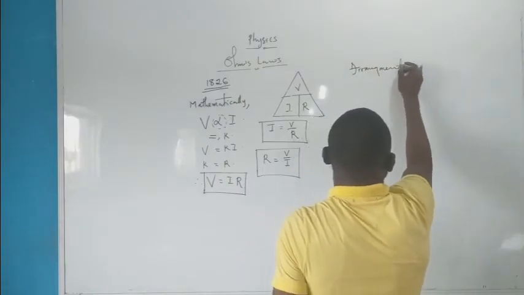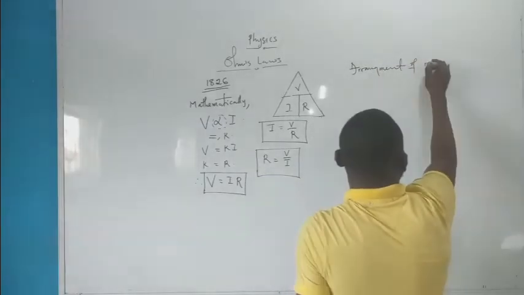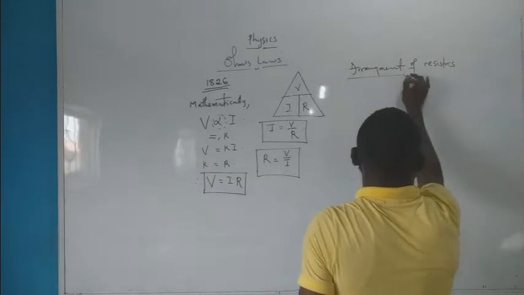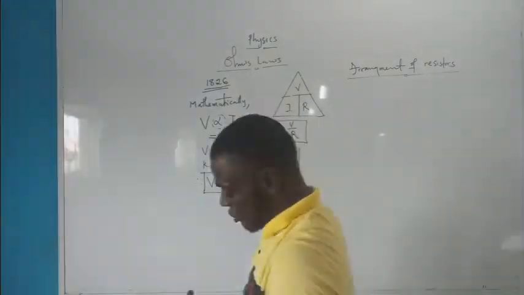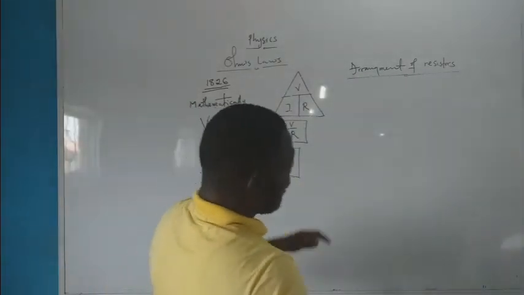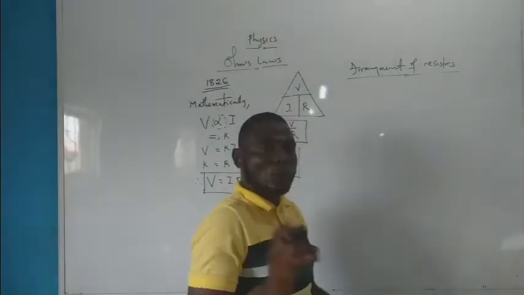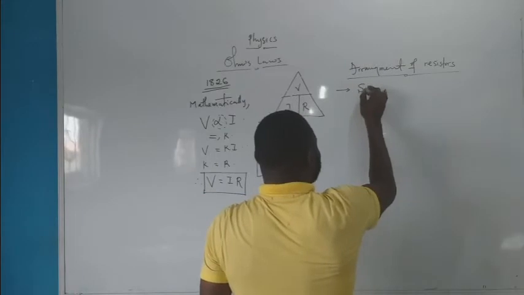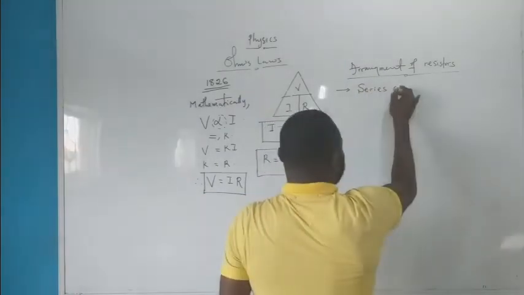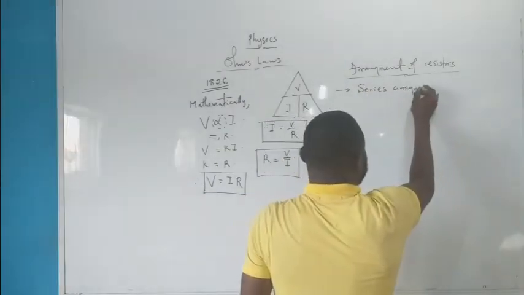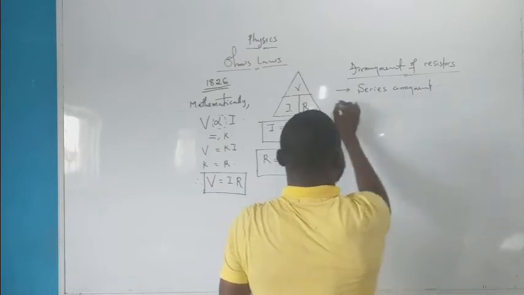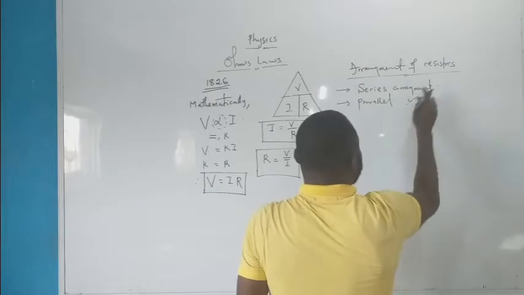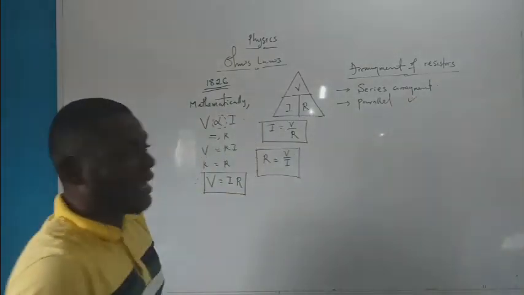Next, arrangement of resistors. Resistors can be arranged in two ways: series arrangement and parallel arrangement.